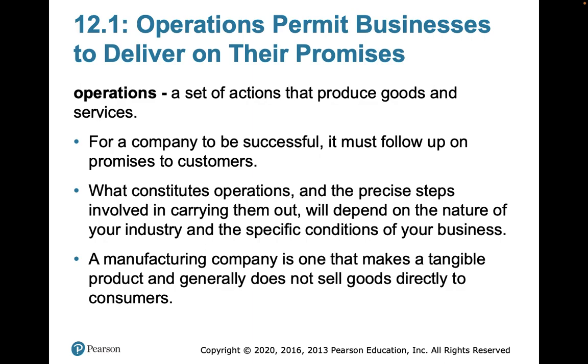For example, a manufacturing company is one that produces tangible products, and it needs operations to produce these products. Like, for example, producing tires that cars are using. This manufacturing company follows specific, precise operations for producing these tires, and also ensuring that these tires get to the consumers.